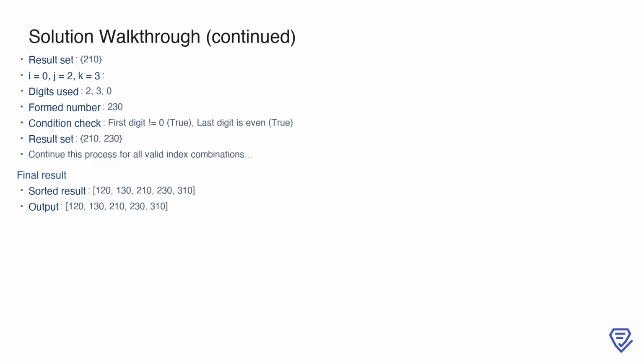This process continues for all valid index combinations, checking each number against the conditions before adding it to the result set. Once all permutations are evaluated, we sort the result set in ascending order to ensure the output is structured correctly. The sorted result for this example is 120, 130, 210, 230, 310, which is returned as the final output.